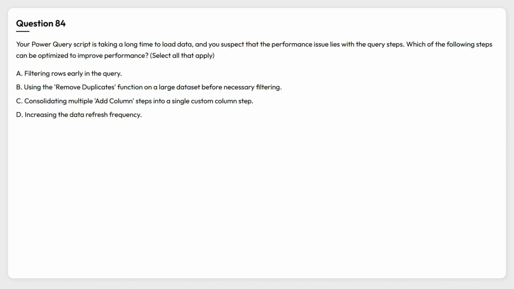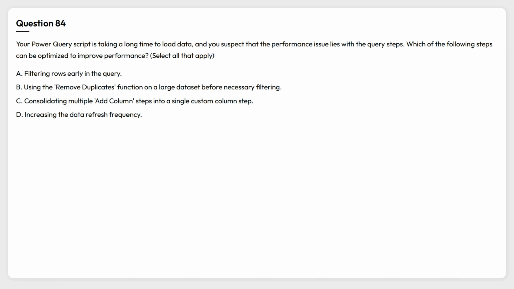Question number 84. Your Power Query script is taking a long time to load data, and you suspect that the performance issue lies with the query steps. Which of the following steps can be optimized to improve performance? Option A, filtering rows early in the query.